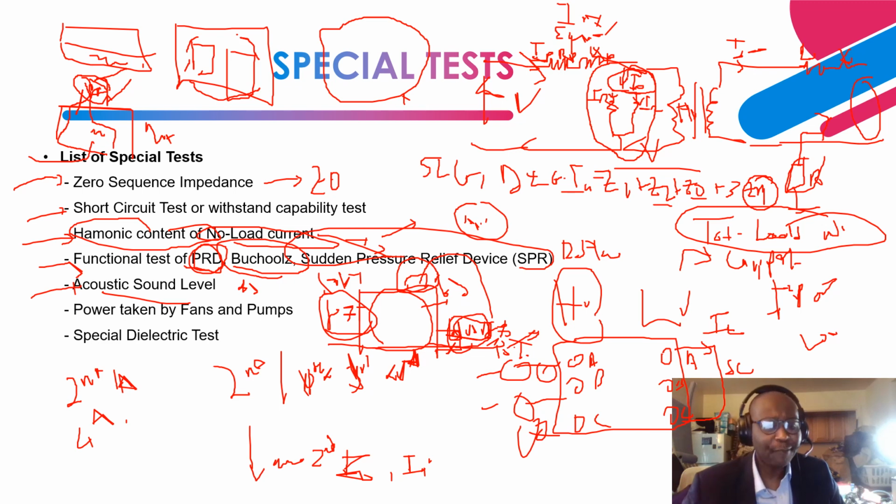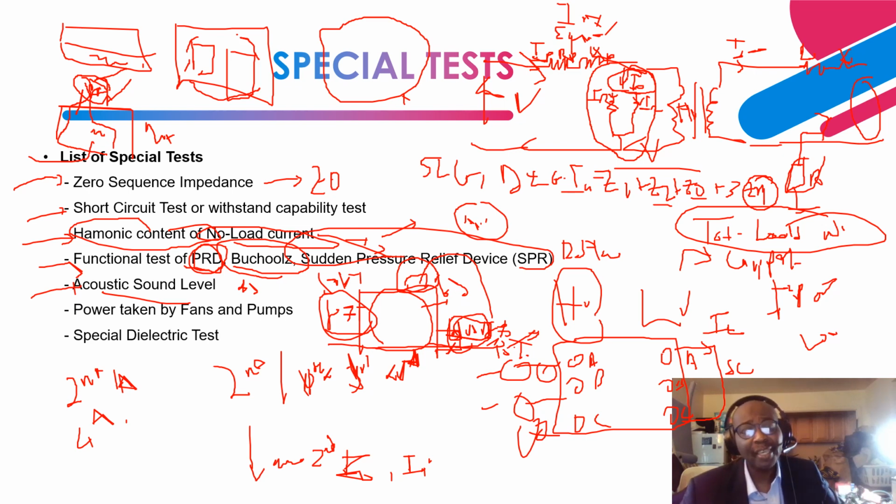And also the fans, the amount of dB that is exhibited by the fans and the pumps. All these add up to the total acoustic sound level. And also the eddy currents and hysteresis current flowing through the conductor also create audible noise.